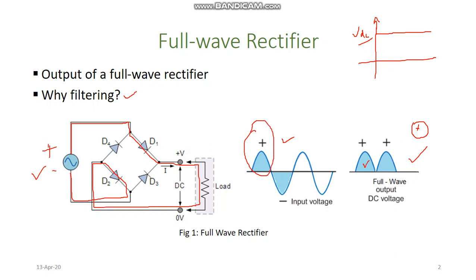And when the polarity of this sinusoidal source is reversed, diodes D4 and D3 will be operating, and the output voltage obtained in that case will be this one. If the frequency of the input signal was f, the output frequency is 2f, which means the frequency of the output waveform is twice that of the input frequency.